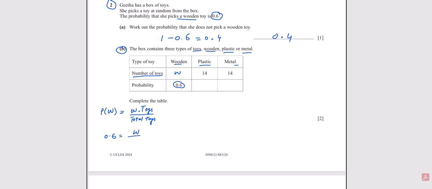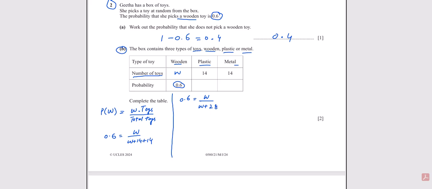and total toys is W plus 14 plus 14. So 0.6 is equal to W over W plus 14 plus 14, 28.